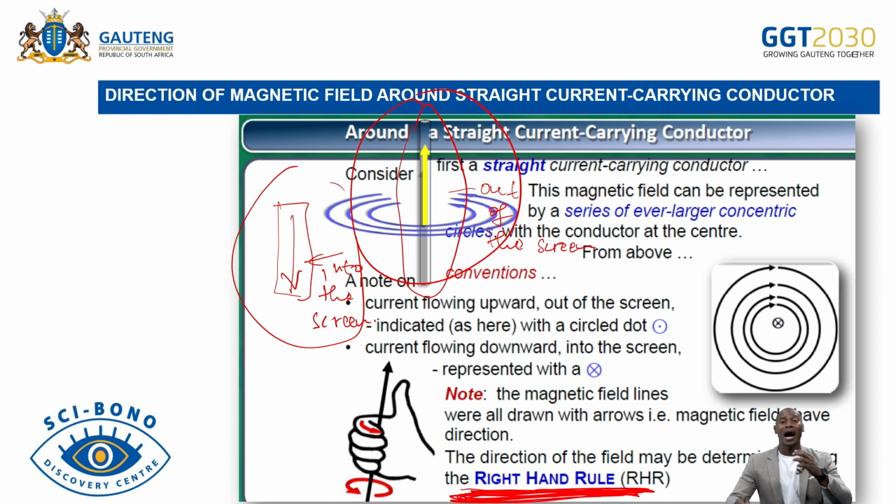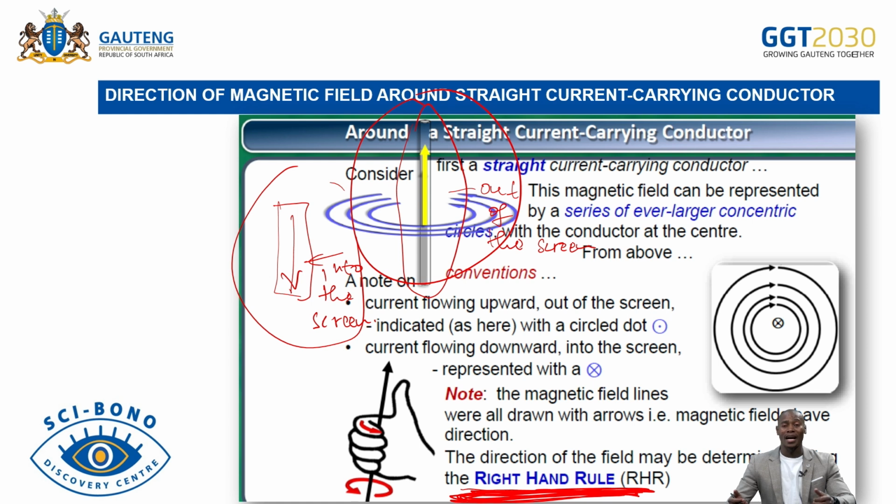So how do we determine the direction of the magnetic field? We use the right hand rule. But the first thing you need to know is that around a current carrying conductor there is a magnetic field. The thumb is in the direction of the current, and the curled fingers are in the direction of the magnetic field.